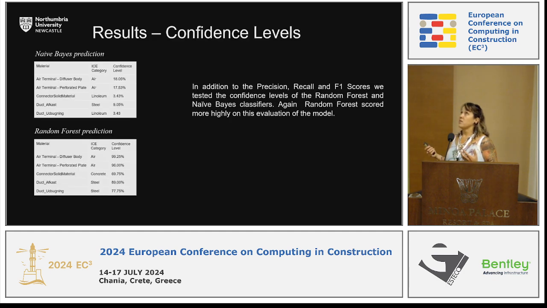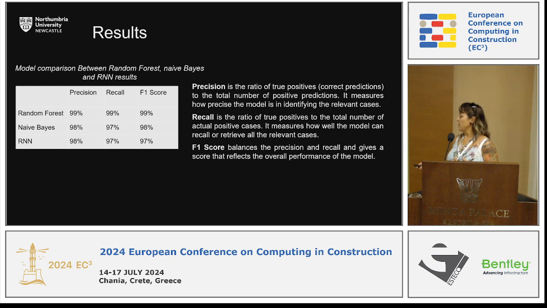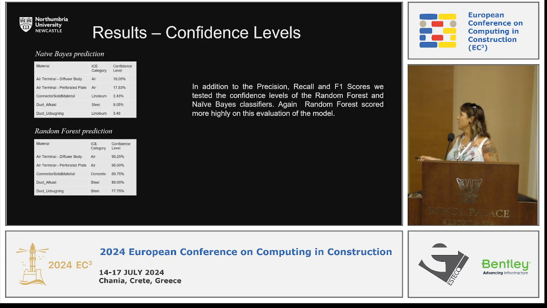As well as the prediction of whether we think this particular item is a piece of steel or a piece of wood or whatever it is, there's another thing that we can do, which is test the confidence level of each of the algorithms.